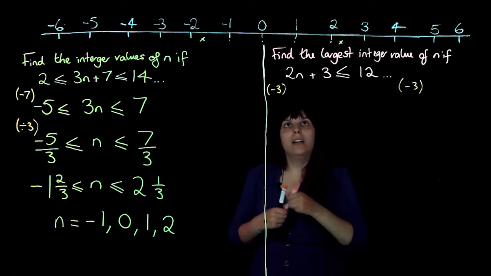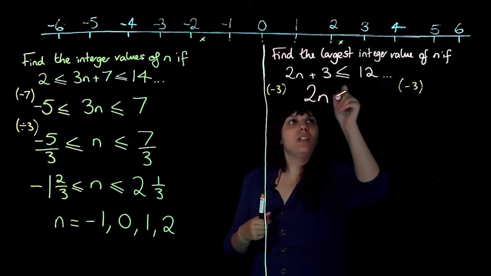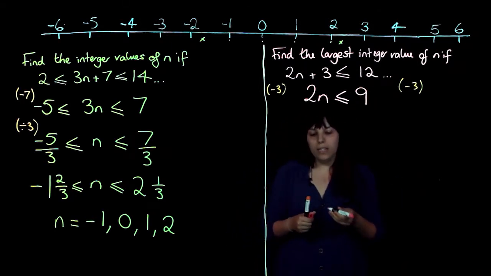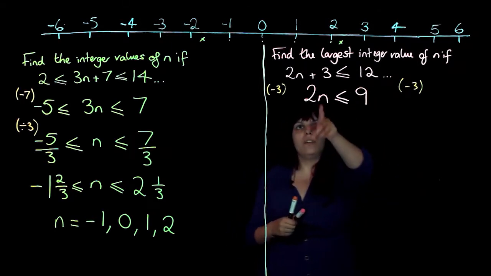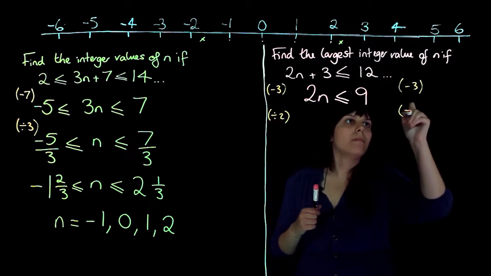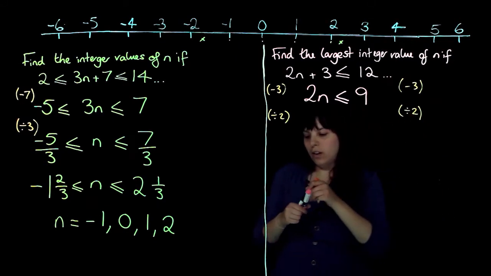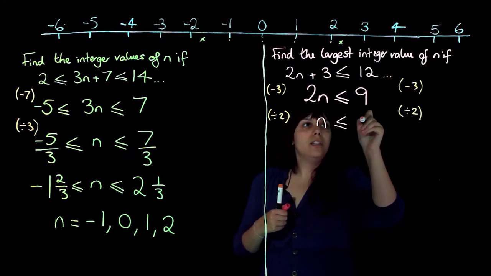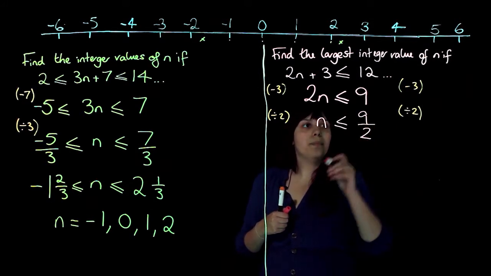So that gives me 2n, which is less than or equal to 9. Now I want to get rid of my times 2, so I'm going to divide by 2. So I'm left with n, which is less than or equal to 9 over 2.